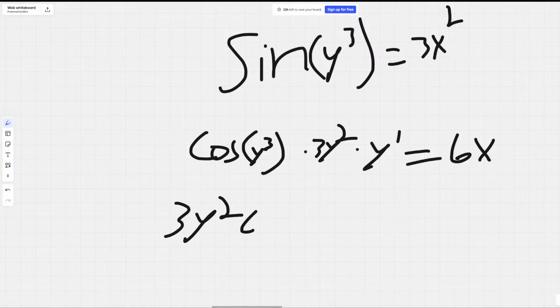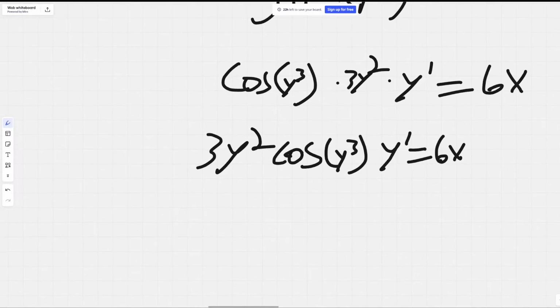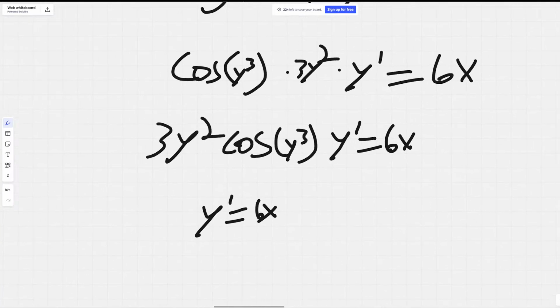3y squared cosine y cubed y prime would then equal, y prime equals 6x, yes, over 3y squared cosine y cubed.